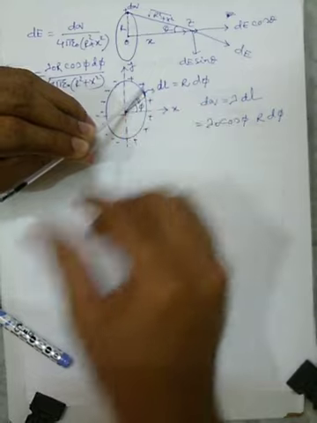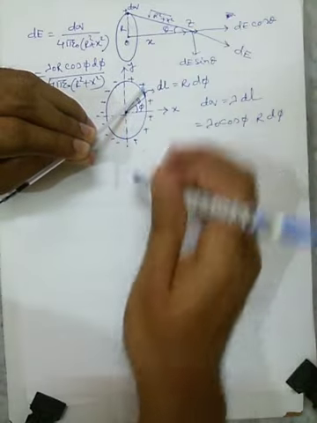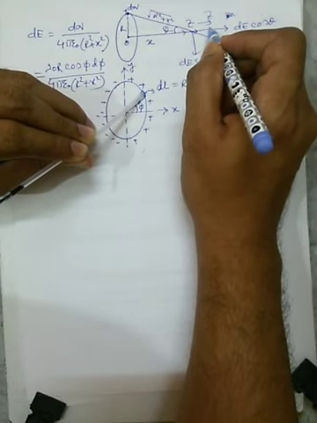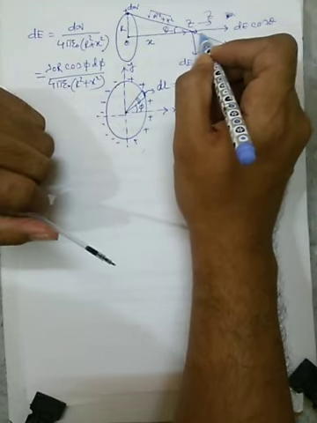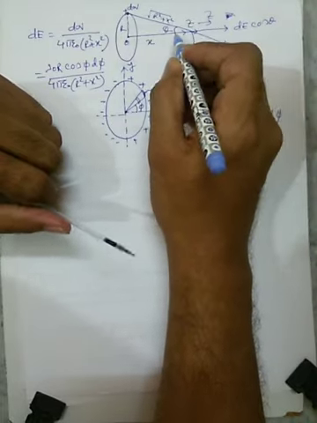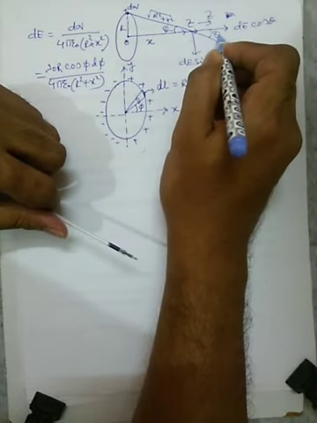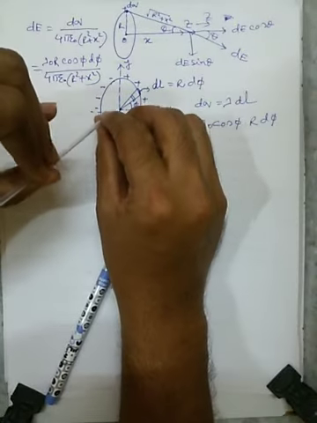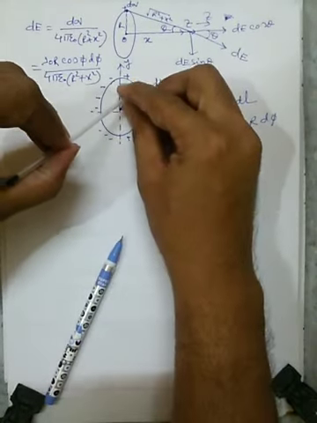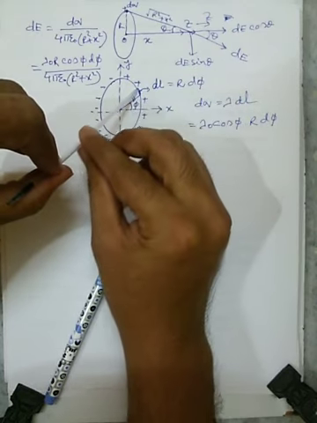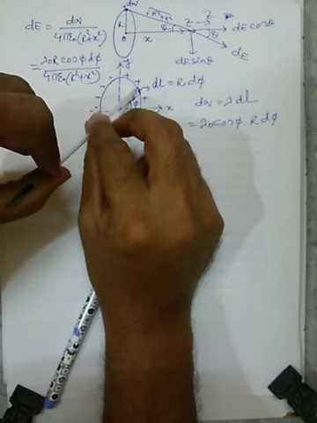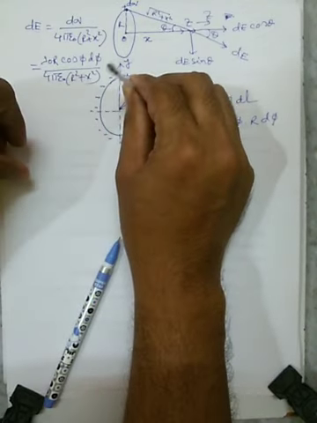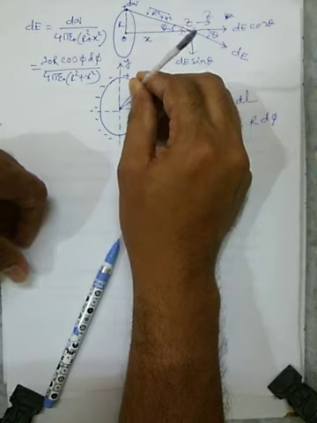Now this makes an angle theta with the z-axis. This is z-axis, and therefore we can understand this dE cos theta component, if this is theta, then this is also theta, then this dE cos theta is along the z-axis.